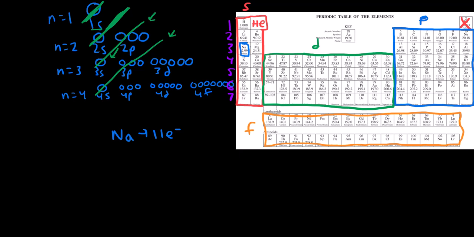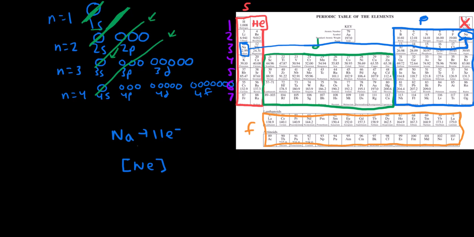So what we're going to do is we're going to go all the way across, and then we're going to go up to get this right here, which is neon. So we're going to put neon in brackets.